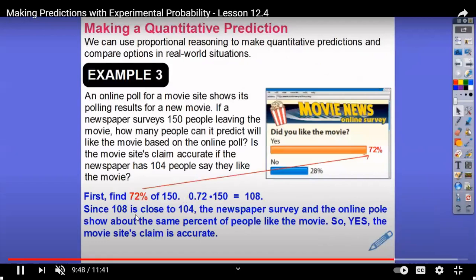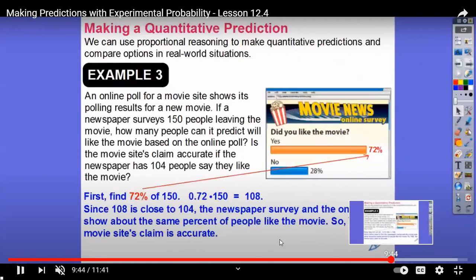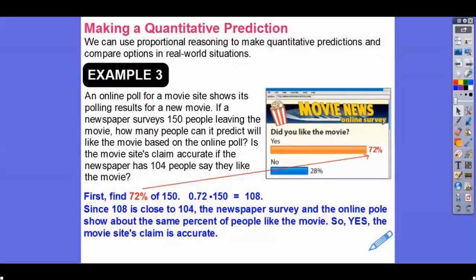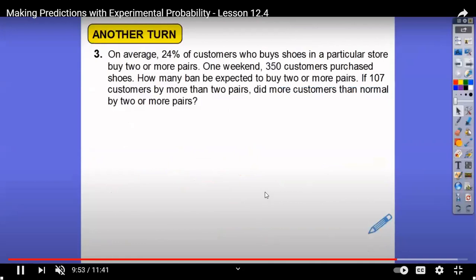Then 108 is close to 104. So the newspaper survey and the online poll show about the same proportion of people who like the movie. So yes, we can say it's accurate.